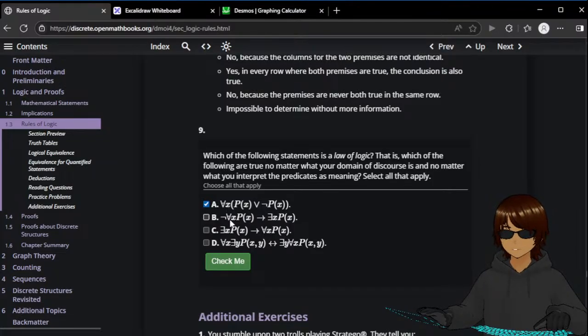So for all x, it is not true that all x is p. This implies that there exists an x which is p. Yeah, this will always be true.